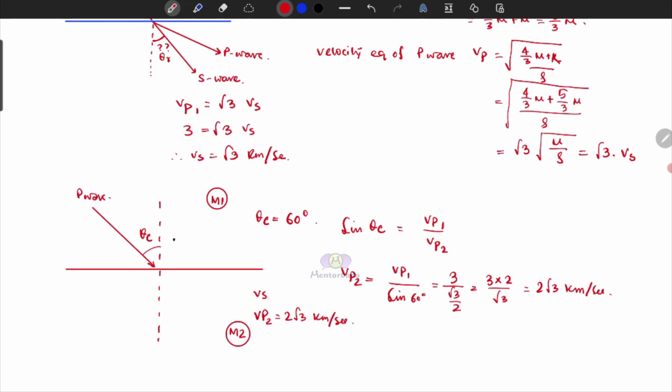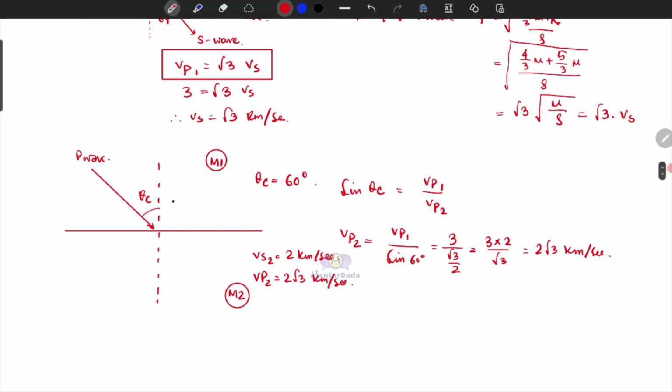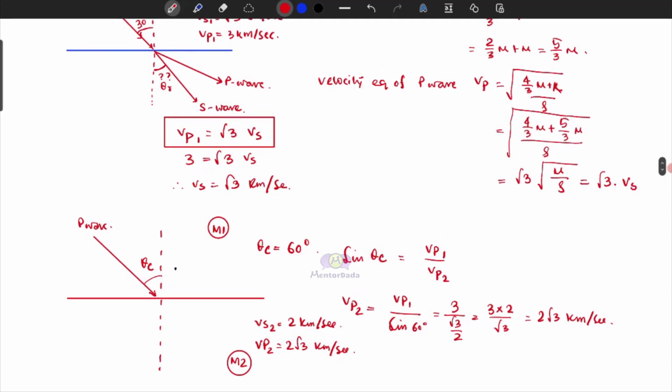So the velocity of S wave for medium 2, as we know this relation, will come to 2 kilometer per second. Okay, and we have considered that theta r is the angle of refraction of S wave, and now we have to determine this theta r.